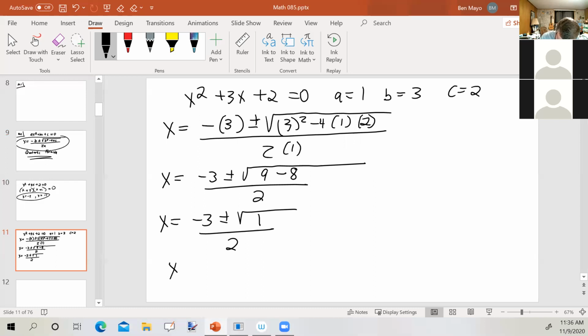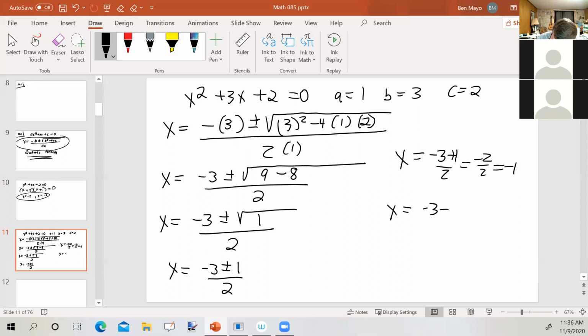Continuing to simplify, x equals -3 plus or minus, well, the square root of 1 is 1, all over 2. So now we've got x is -3 plus 1 over 2, which is -2 over 2, which is -1. And x equals -3 minus 1 over 2, which is -4 over 2, which is -2. So x equals -1 and x equals -2.